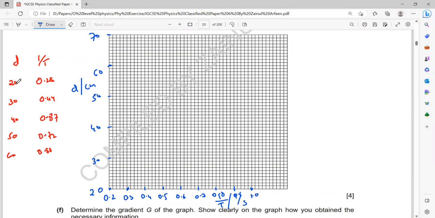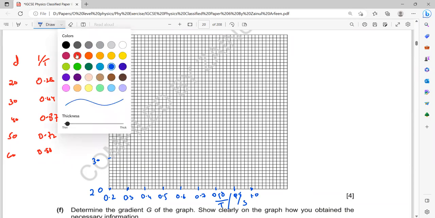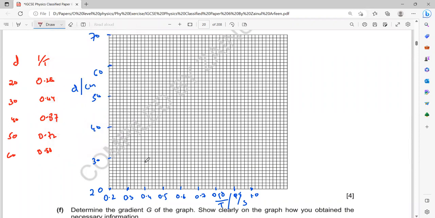Now we mark the points. When D is 20, 1 over T is 0.28. So 20 and 0.28 will be here. Then 30 and 0.44.